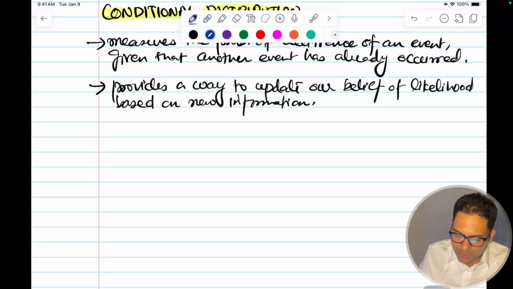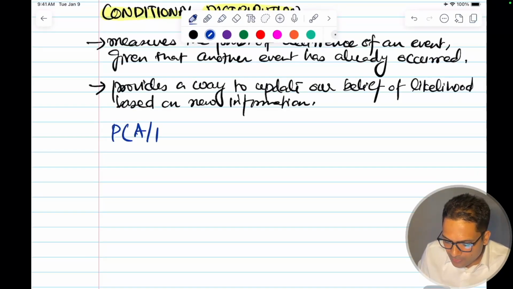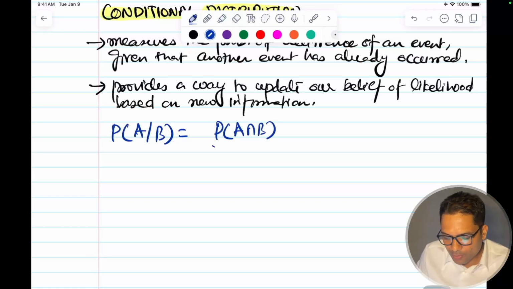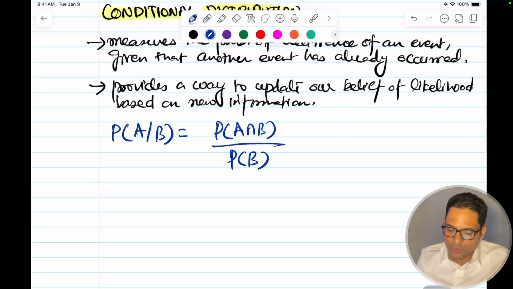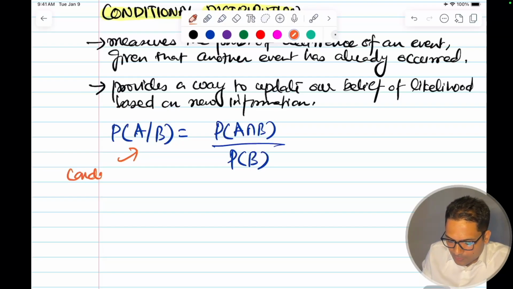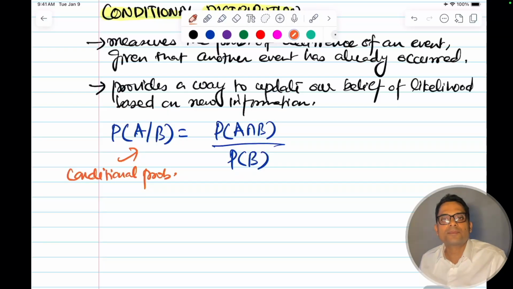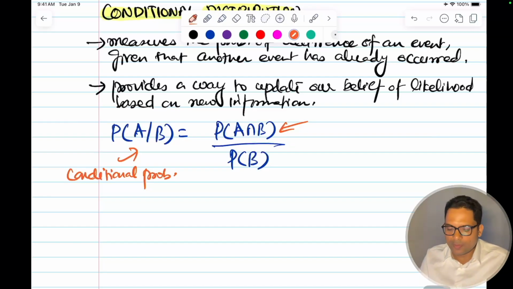So what is the old formula that we know already? Probability of A given B is equal to probability of A and B divided by probability of B only. This is our conditional probability. A and B is the combined probability, the joint probability. And the probability of a single random variable is my marginal.